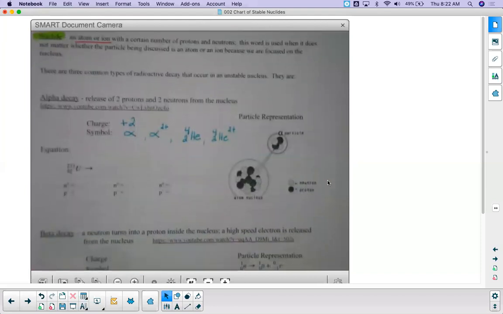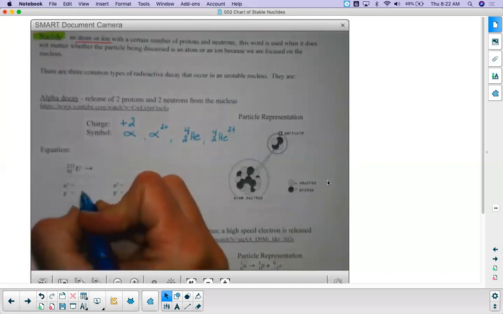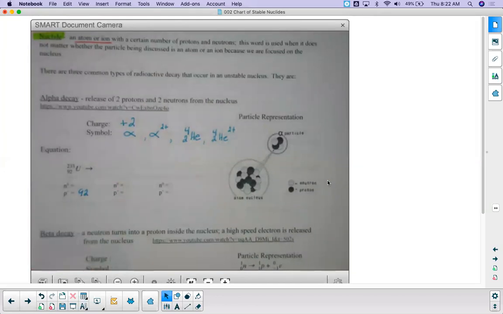So in the movie yesterday, we started with a uranium. So here we're going to start with a uranium 233. And because it's uranium, it has 92 protons. We also need to know how many neutrons this has. So grab your calculators. We're going to do a little quick subtraction here. What do you want to subtract?